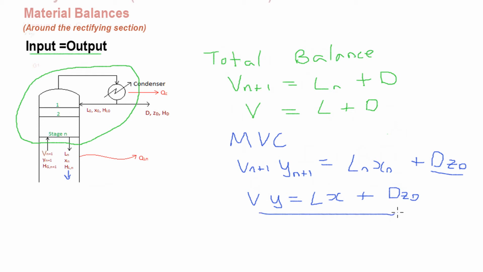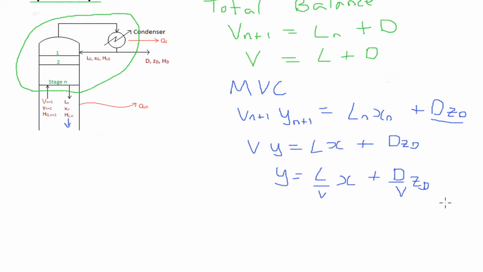Now, utilizing this equation, we can make y the subject of the formula. When we do so, we get y is equal to L divided by V multiplied by x plus D divided by V multiplied by zD.